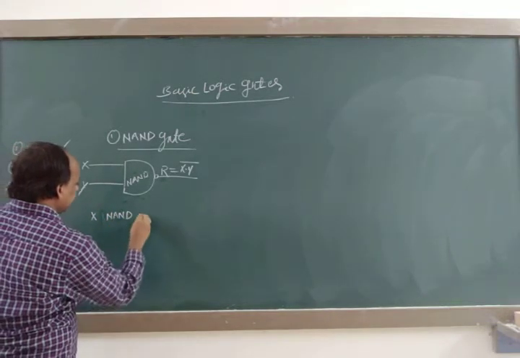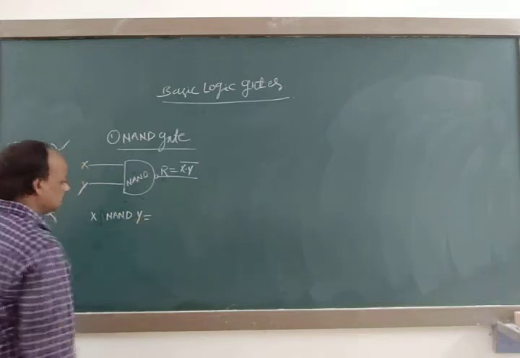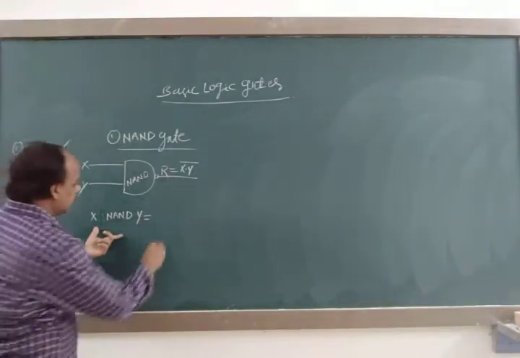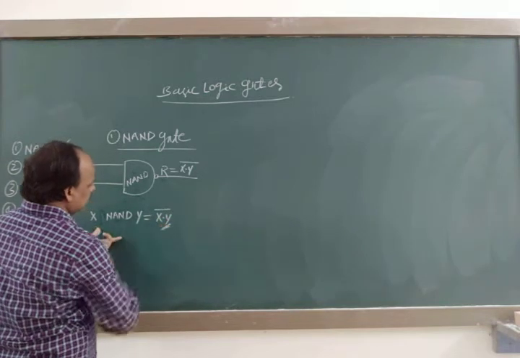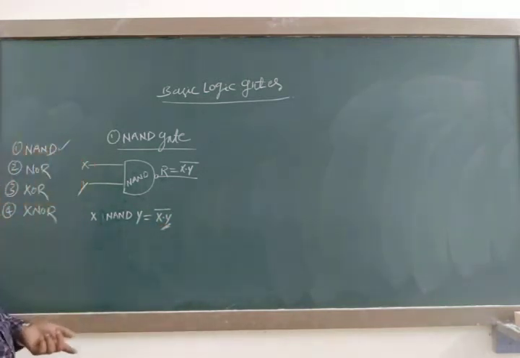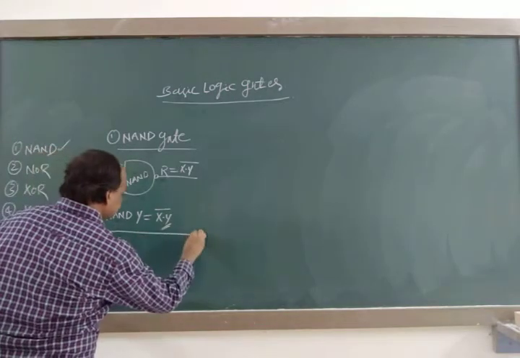X NAND Y can be symbolized as X into Y whole bar. Right? Now see here, it's a truth table.